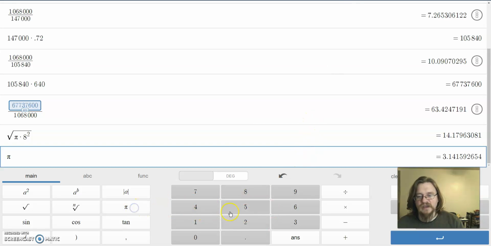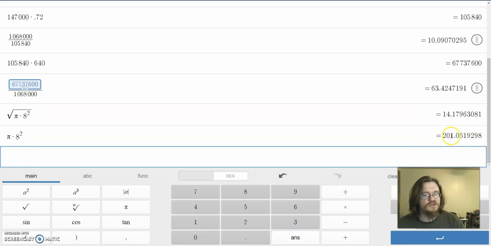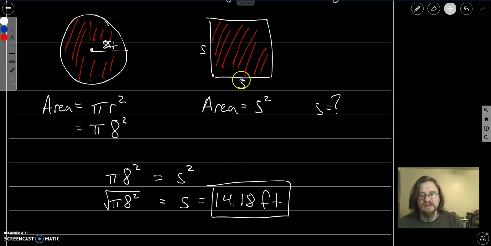What is pi times 8 squared? It's 201 point a few numbers. The side length of the square is going to be 14.18. And if I plug this into my formula up here, I'm just going to get 14.18 squared.